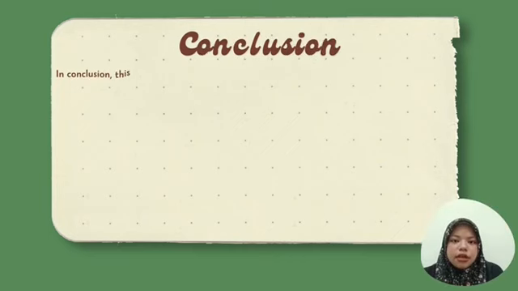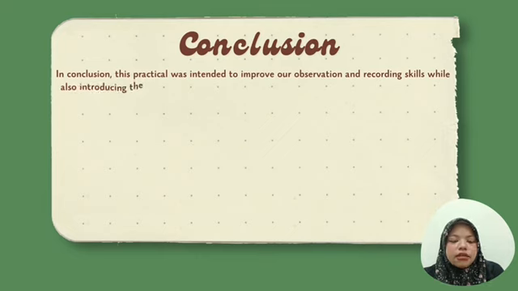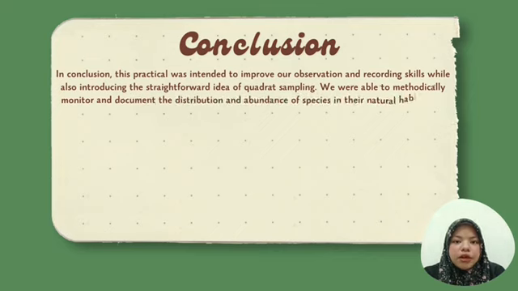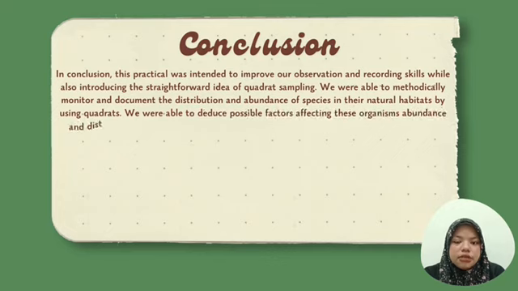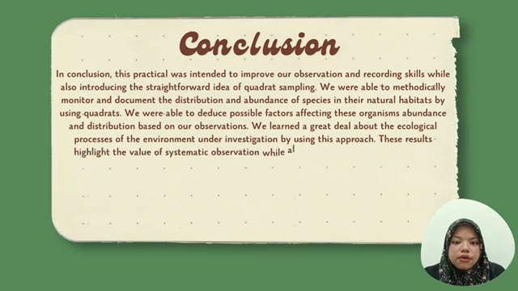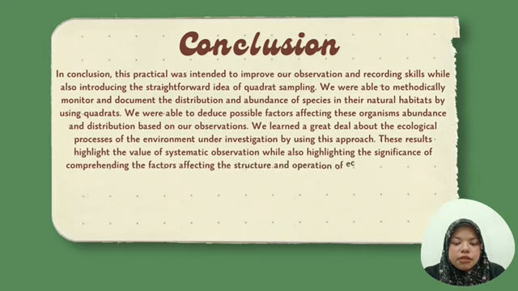In conclusion, this practical was intended to improve our observation and recording skills while also introducing the straightforward idea of quadrat sampling. We were able to methodically monitor and document the distribution and abundance of species in their natural habitats by using quadrats. We were able to deduce possible factors affecting these organisms' abundance and distribution based on our observations.